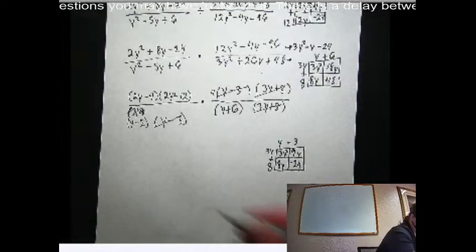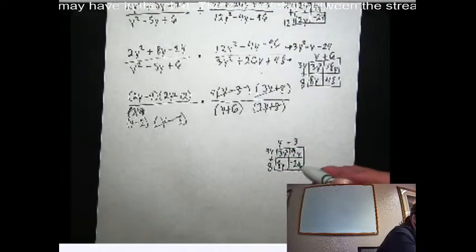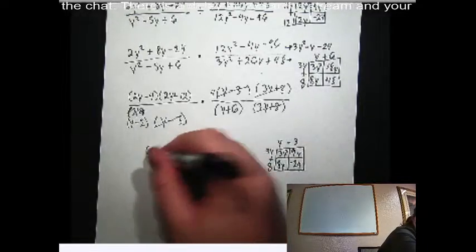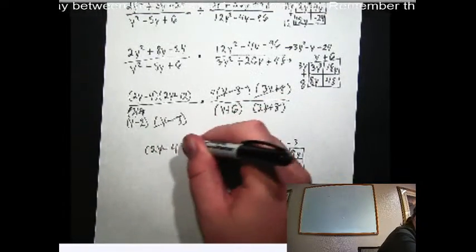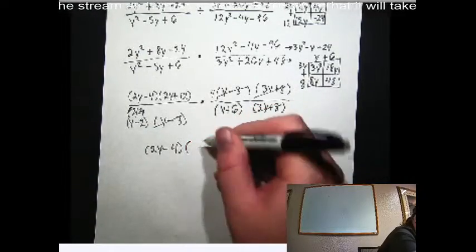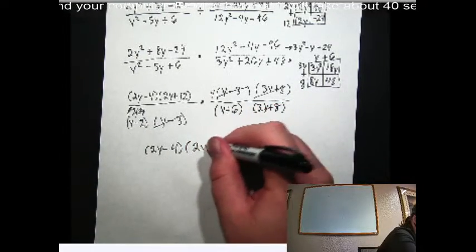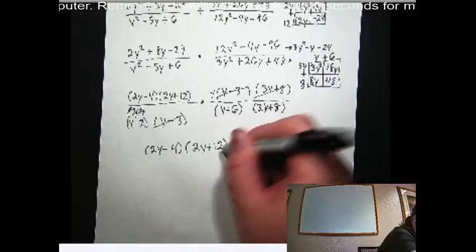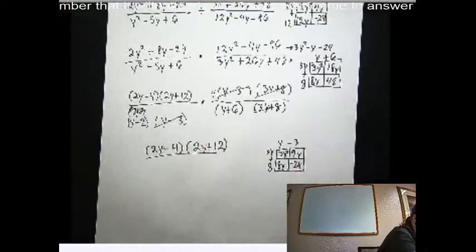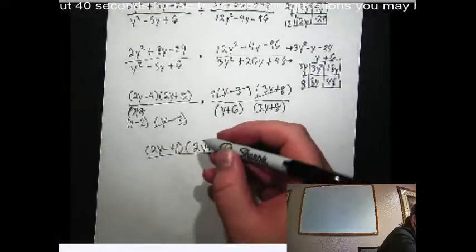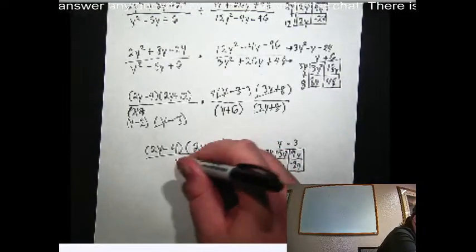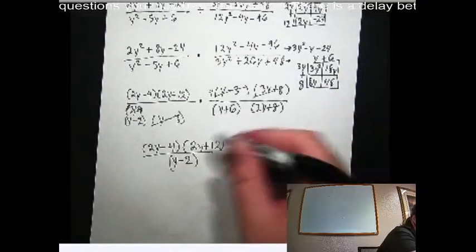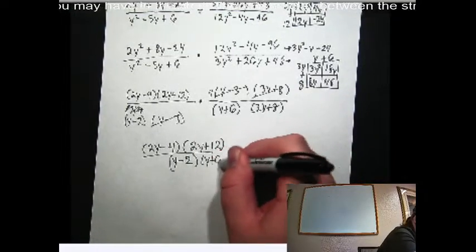So altogether, this would be 2y minus 4 times 2y plus 12, and then y minus 2 and y plus 6.